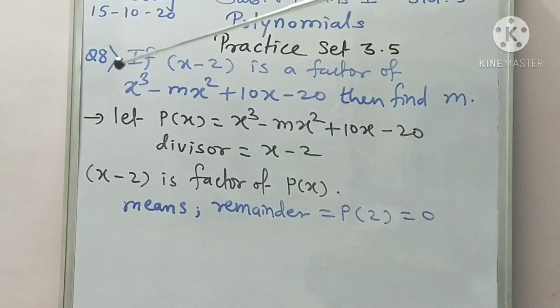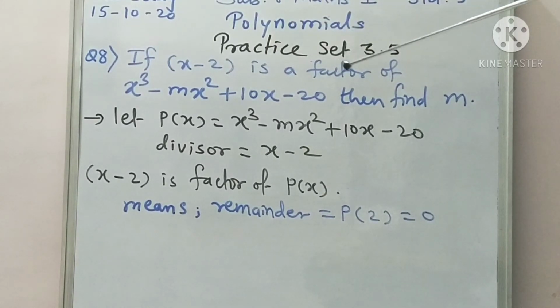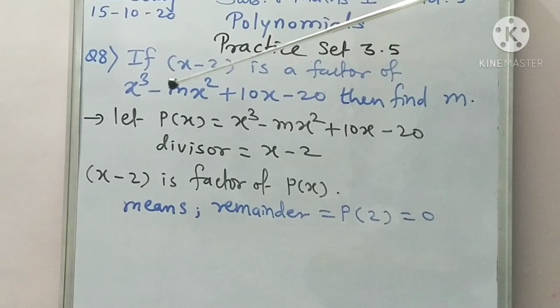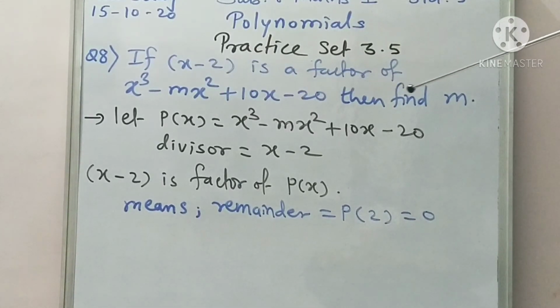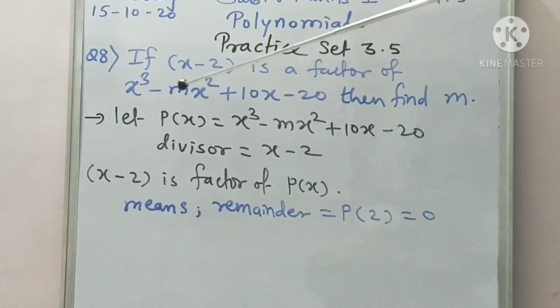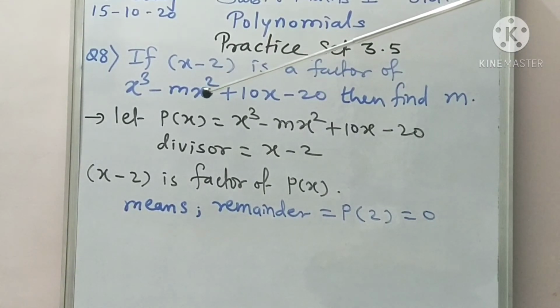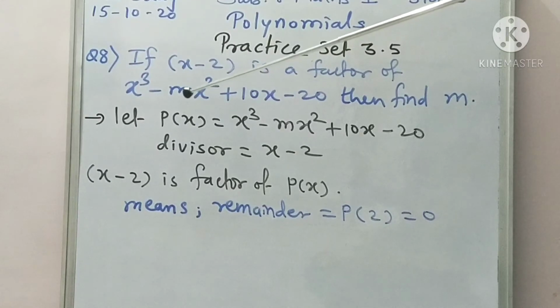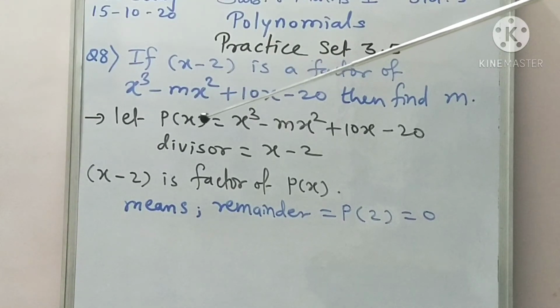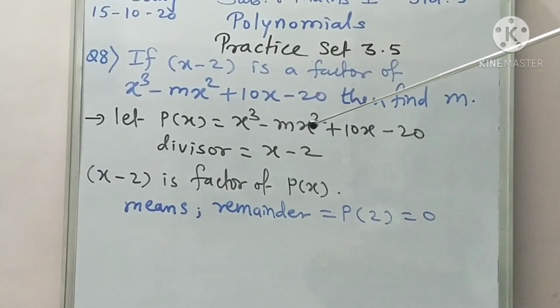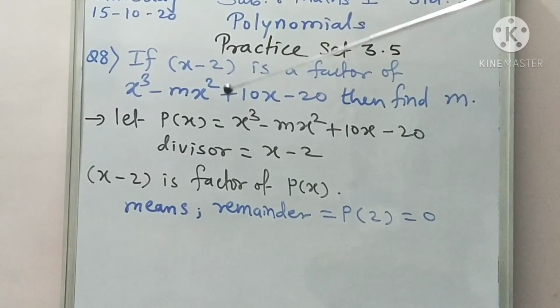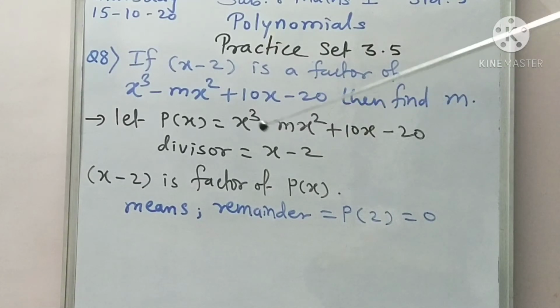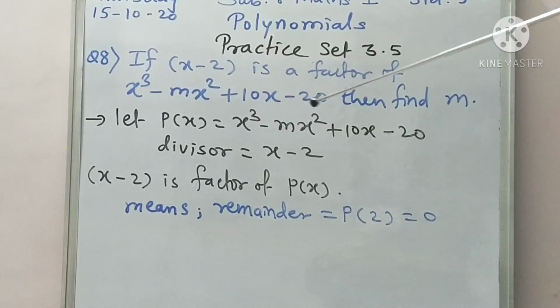Now in the 8th example, it is given that if x minus 2 is a factor of the polynomial x cube minus mx square plus 10x minus 20, find the value of m, the coefficient of the square term. So we consider the given dividend polynomial as p of x, here x cube minus mx square plus 10x minus 20, and the divisor is x minus 2, which is a factor of the given polynomial.